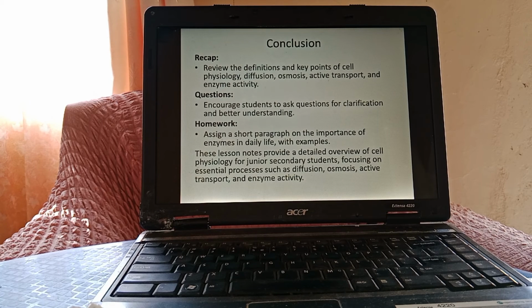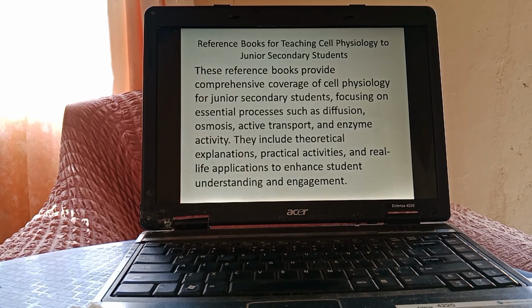These lesson notes provide a detailed overview of cell physiology for junior secondary students, focusing on essential processes such as diffusion, active transport, and enzyme activity. Reference books.